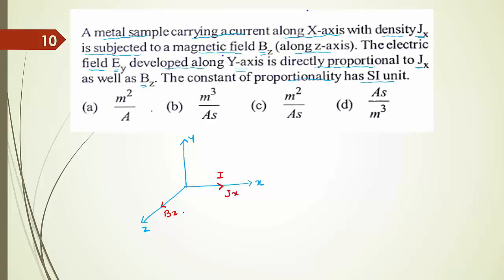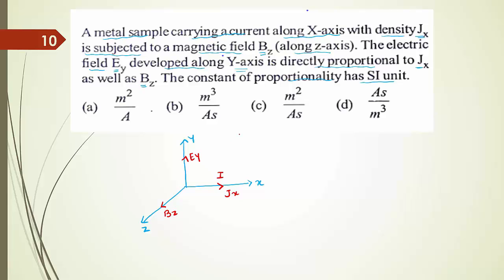Is directly proportional to Jx as well as Bz. Here the electric field Ey is developed along y-axis. This is electric field Ey along y-axis, which is directly proportional to Jx as well as Bz. Now the constant of proportionality has unit.